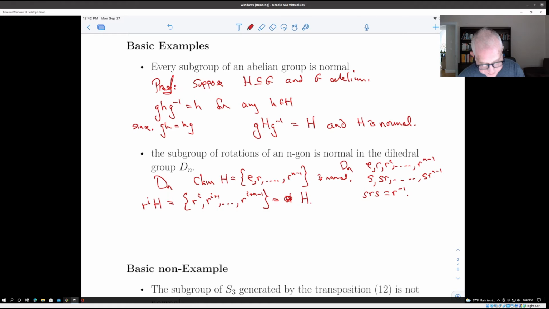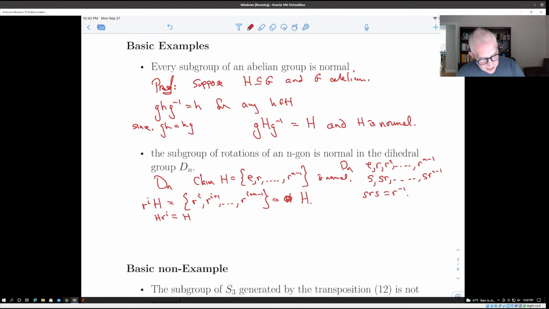And the right coset, similarly, H R to the I is also H. That shouldn't be a surprise, because we already know that if you consider the coset corresponding to an element of the subgroup, it's the same thing.